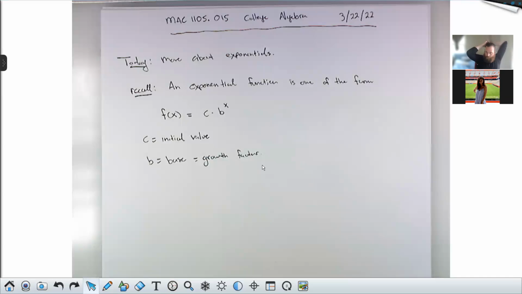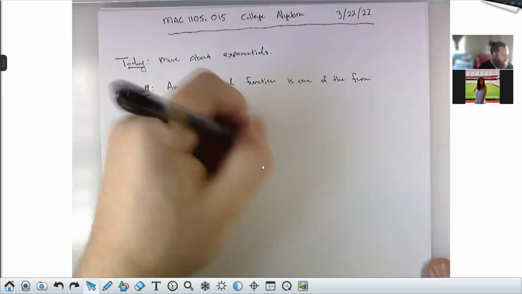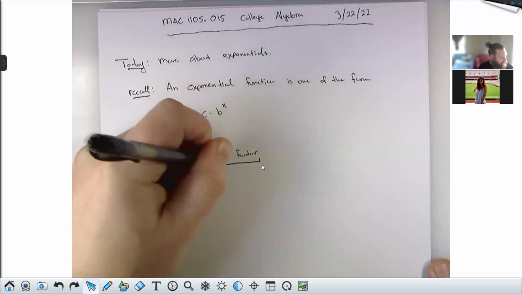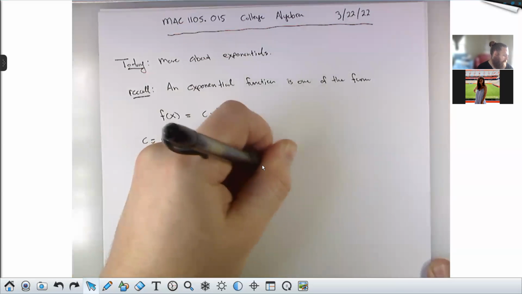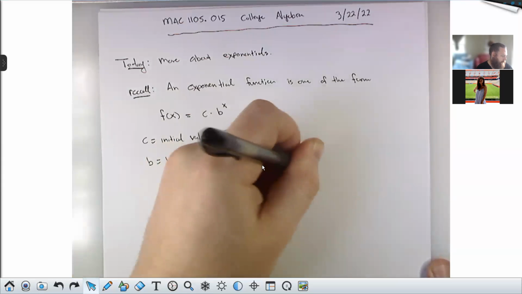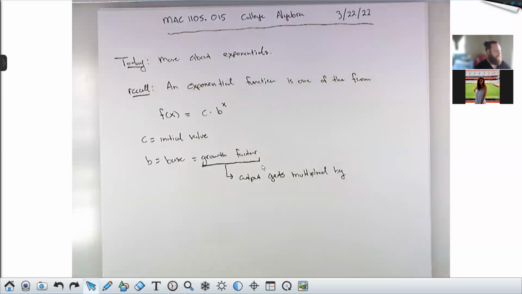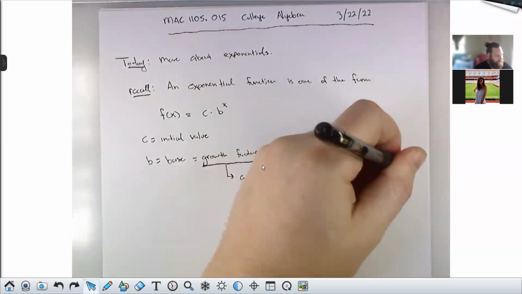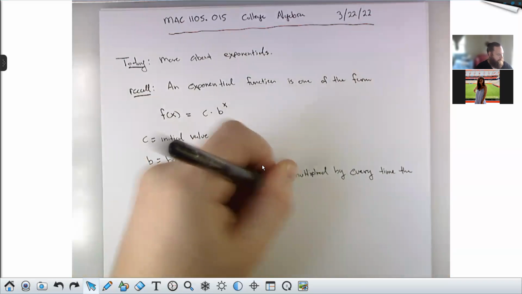Exponential functions can be characterized similarly.